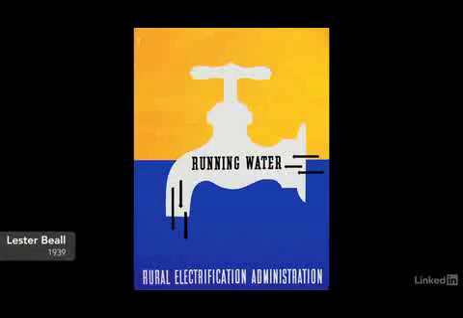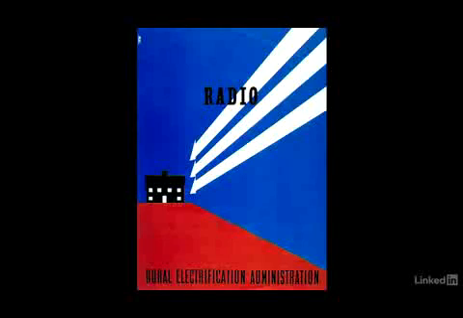He used silhouetted photography, icons such as arrows, and radically simplified shapes such as the water faucet on this poster. Beall designed posters that left no doubt as to the message. His poster with arrows and the word radio makes it clear immediately that electricity will bring radio to your home, in red, white, and blue.